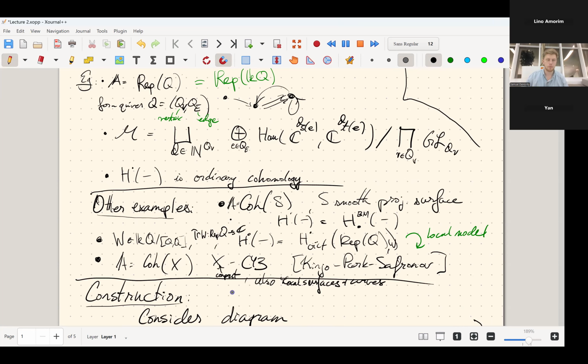The question is what people have achieved since, whatever, 2010. It's a question of conceptual advances. For example, clearly you can replace cohomology by some other theory.